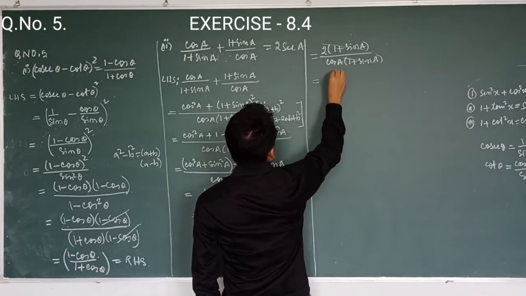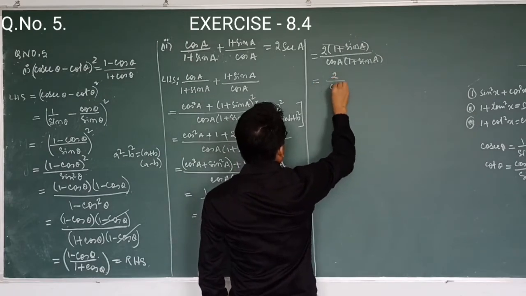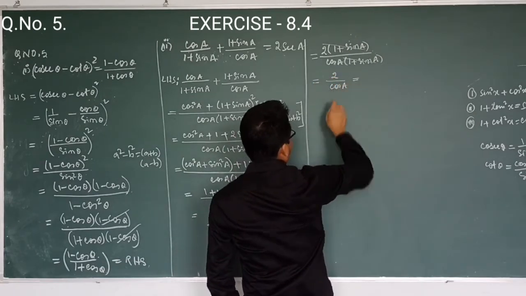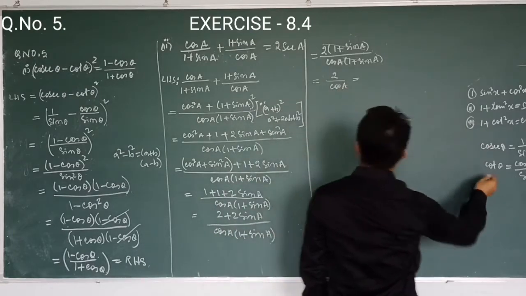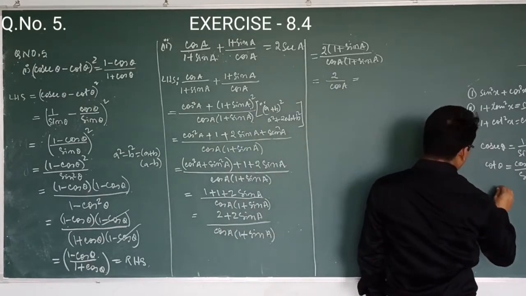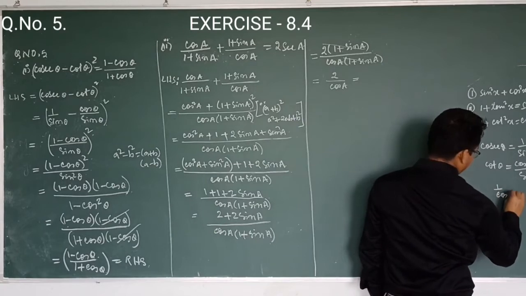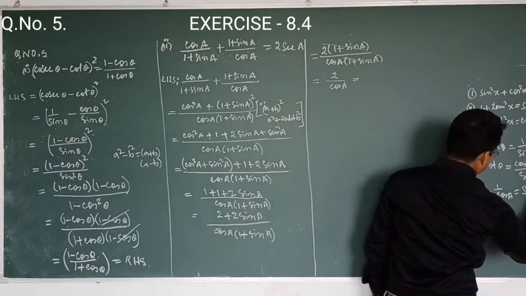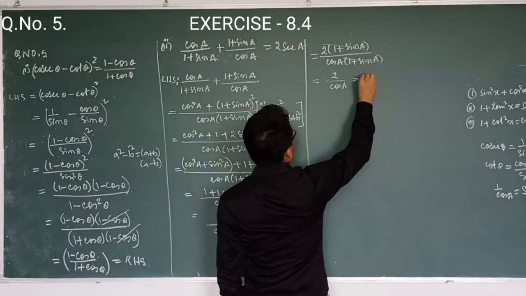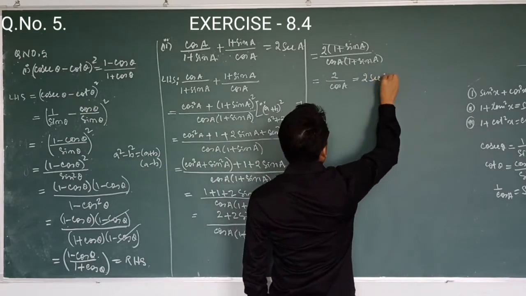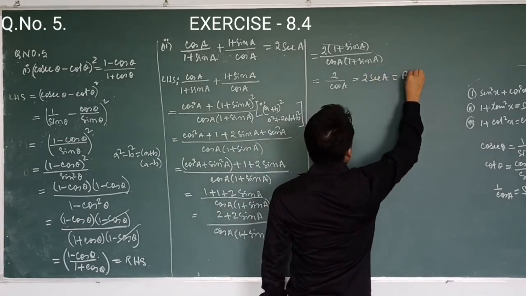What we get? 2 by cos A. 2 by cos A means 2 times 1 by cos A, that is sec A, which is equal to 2 sec A, which is equal to our right hand side.